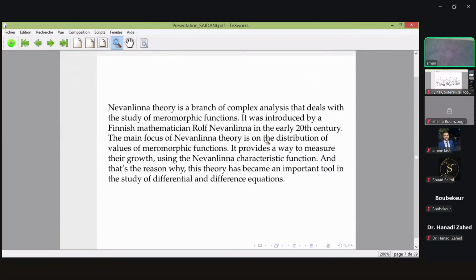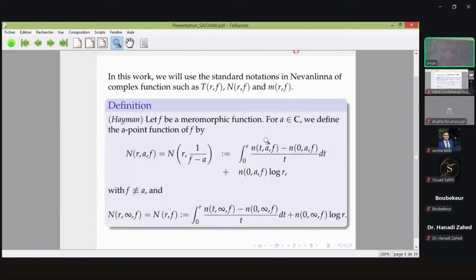The first part of this presentation is devoted to the necessary definitions and notation of Nevanlinna theory. At first, we recall the definition of the counting function by the two following integrals. The first one is for the zeros of a meromorphic function, and the second one for the poles.